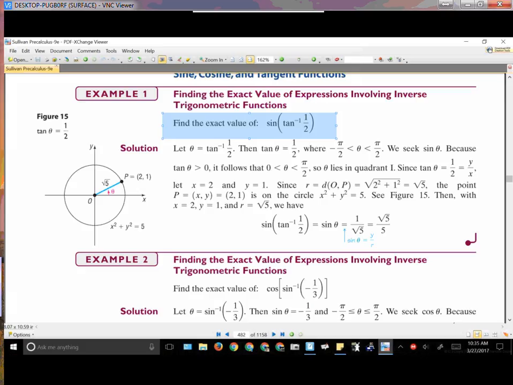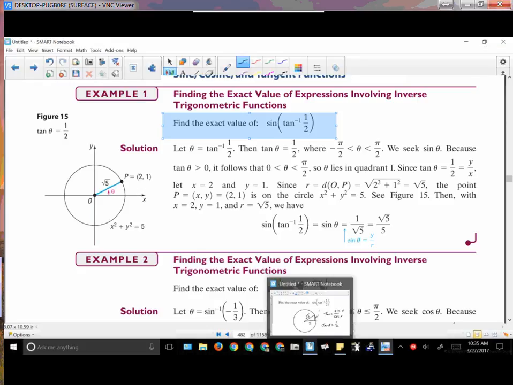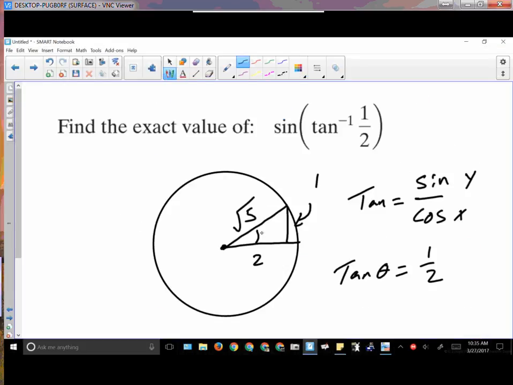So when we look at this now, they identify your theta is in here. We've got our point, we've got our distance there. So this is theta. So that means the sine of some theta, what is it supposed to be equal to? Well, what would be the sine of this triangle?